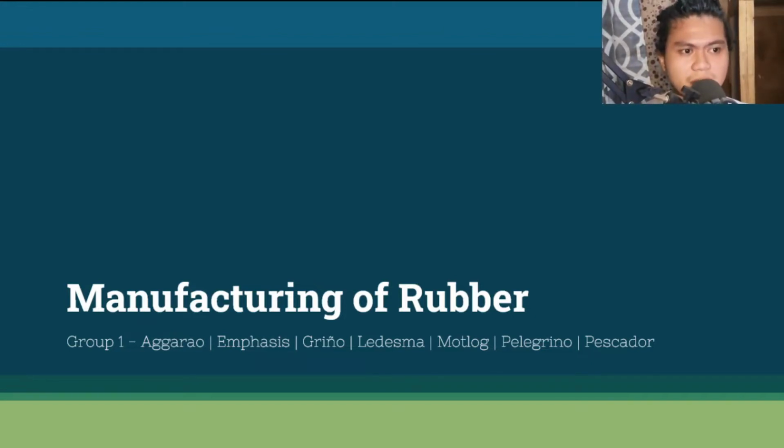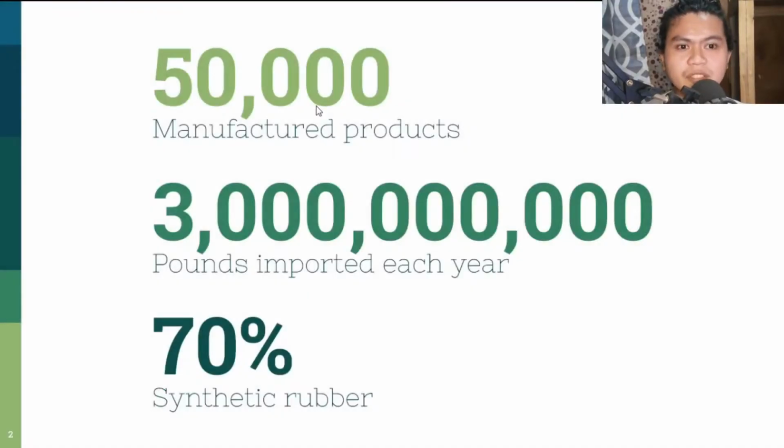In the late 1930s, the United States used over half of the world's natural rubber supply. And today, natural rubber can be found in over 50,000 manufactured products in the United States alone, and the U.S. imports over 3 billion pounds of natural rubber each year.